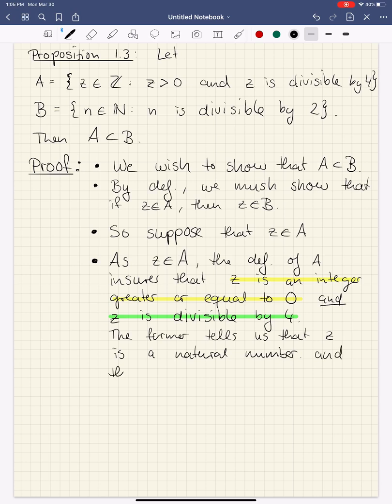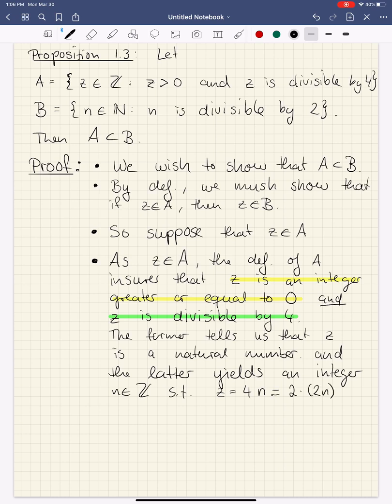And the latter yields an integer n in Z such that z is equal to 4 times n. And now this 4 times n, I can also write as 2 times 2n.